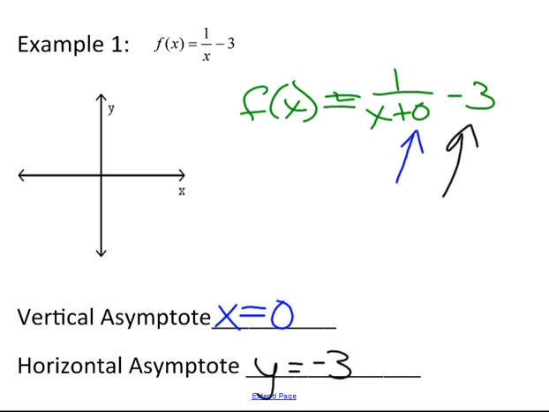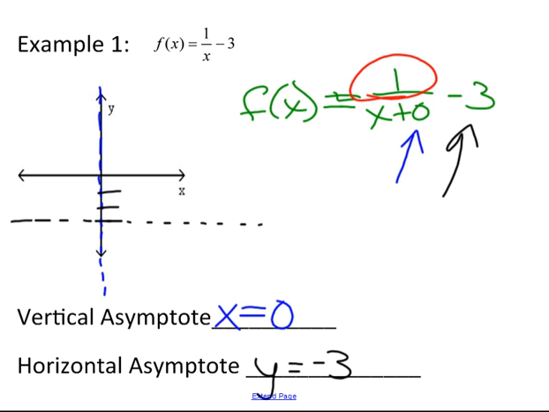So vertical asymptote at x equals 0. So I'm going to have you draw a dotted line at 0. Horizontal asymptote at negative 3. 1, 2, 3. Horizontal asymptote. Now, as far as where we're going to draw the two parts of the graph, we look at this number right here, determine whether it's positive or negative.